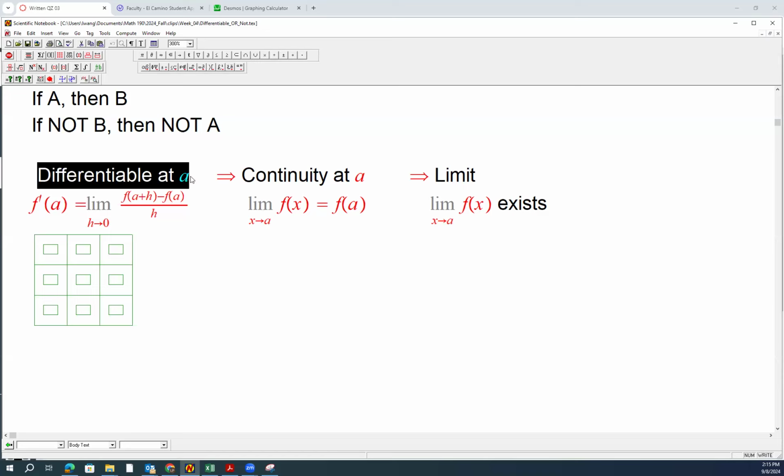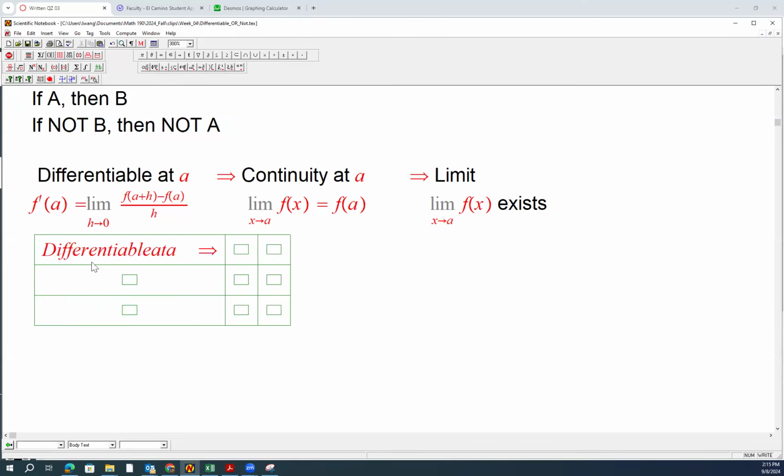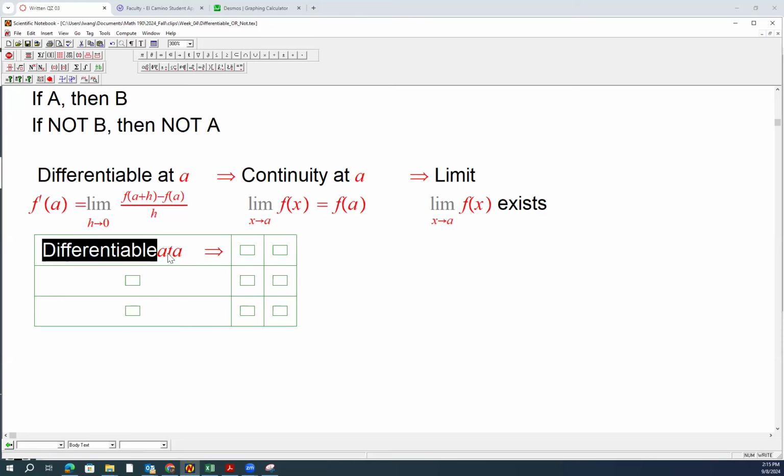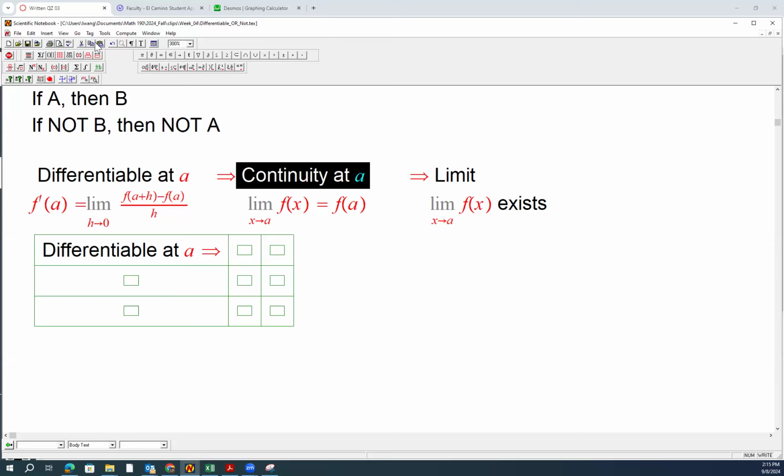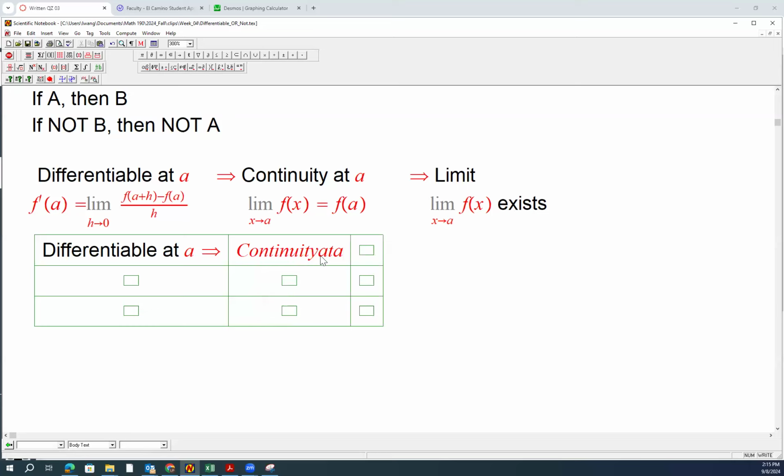Differentiable at A. When I transport these, the software has some conversion behind the scenes. Continuity at A. That still doesn't work. Continuity at A.